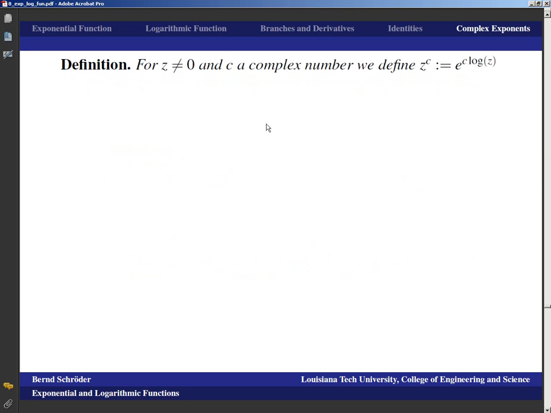Okay, so what we're going to define now are complex exponents. For a non-zero number z and c complex we define z to the c being e to the c log z.